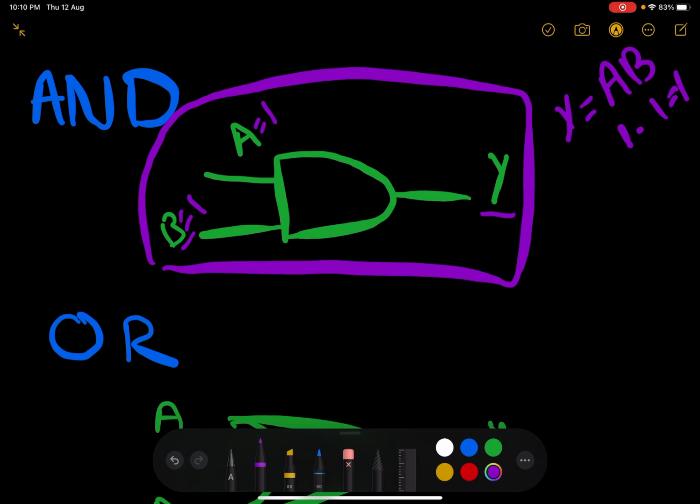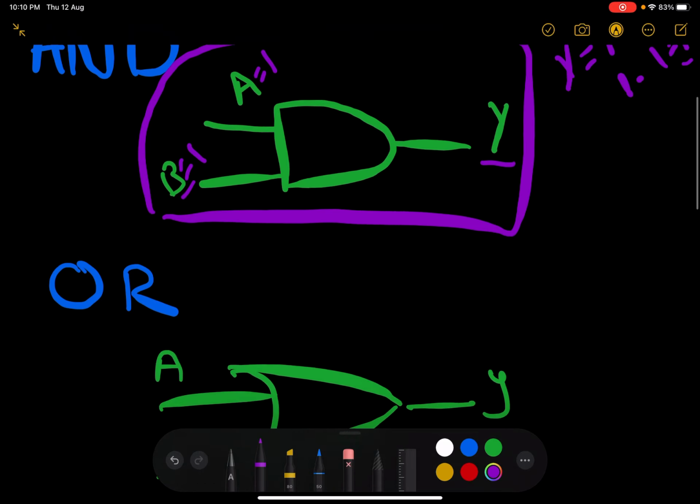It's totally fine, but to get 1 as your output, all of your inputs should be 1. This is the condition to get 1, but you will get 0 if at least one of the inputs was 0.